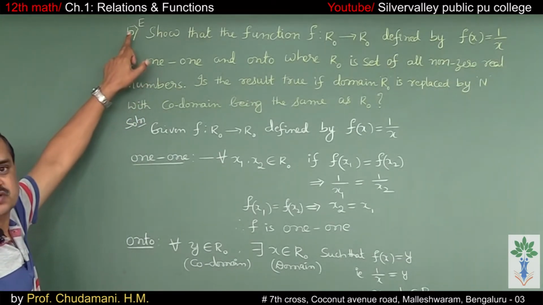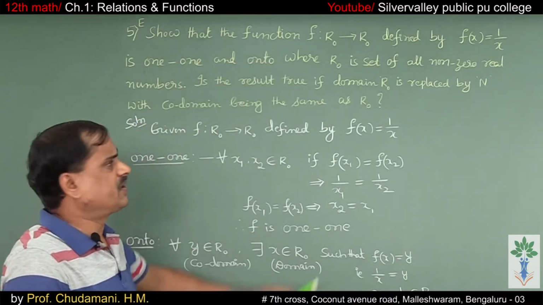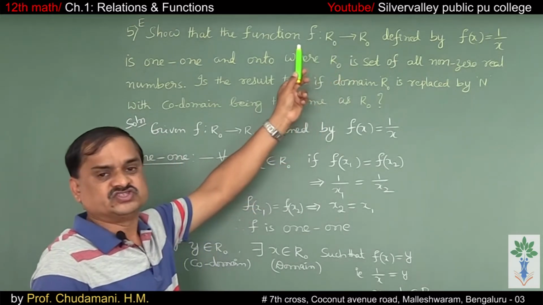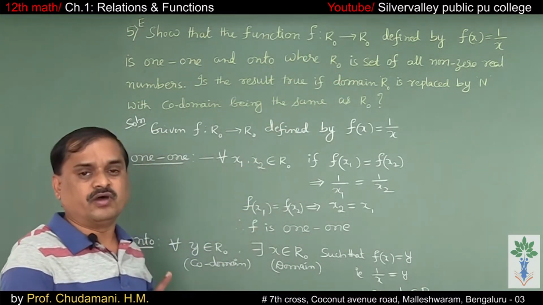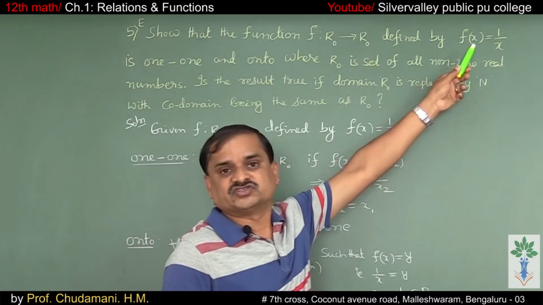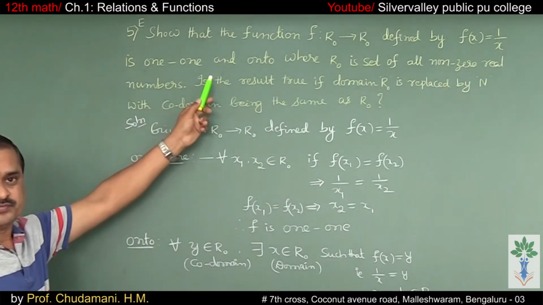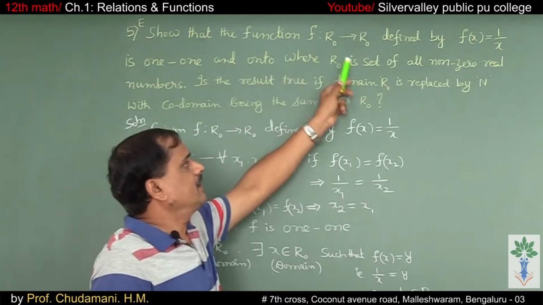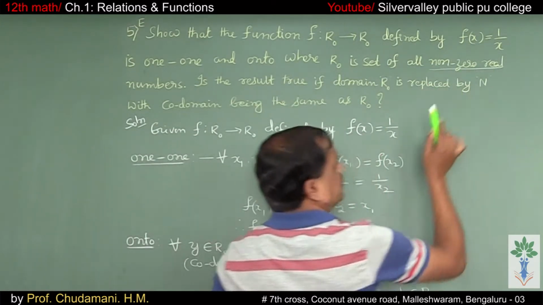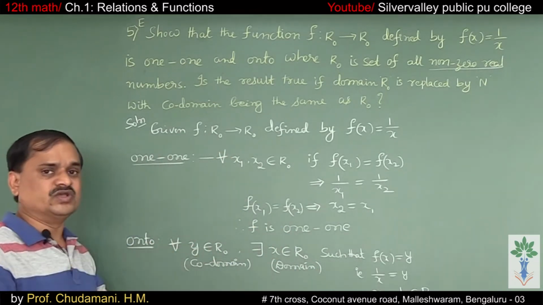The fifth question, an exercise problem. Show that the function f from R0 to R0, the set of real numbers except 0, non-zero real numbers, defined by f of x is equal to 1 by x, is 1-1 and onto, where R0 is the set of all non-zero real numbers, excluding 0.